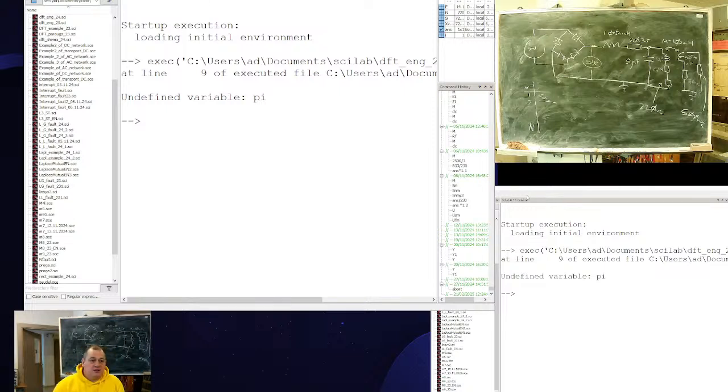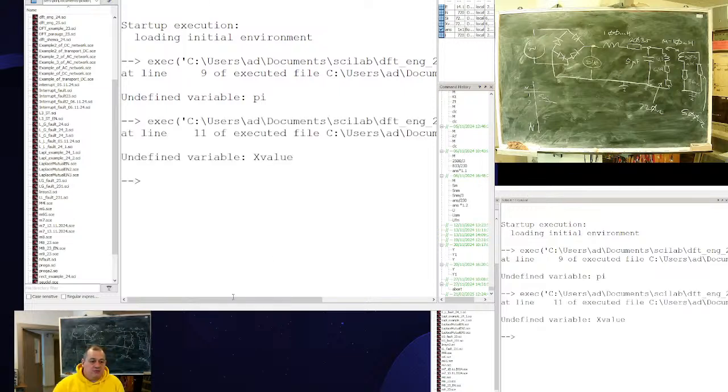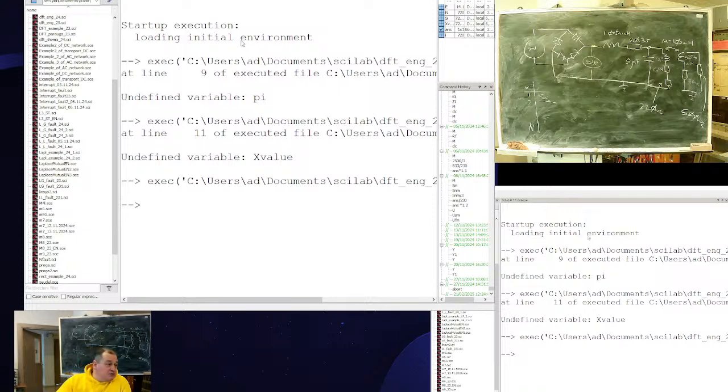I need to say that pi is a constant. Oh, I don't know x value because x values. Oh, it's a chart of sine, yeah? From 0 to 360 degrees.